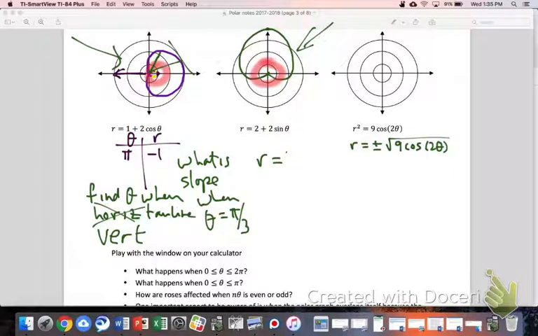The sideways 8. If you have your theta step small enough, go back to your window. Make your theta step like 0.01 or something, and then just hit graph. It's going to be slow, but it should connect.